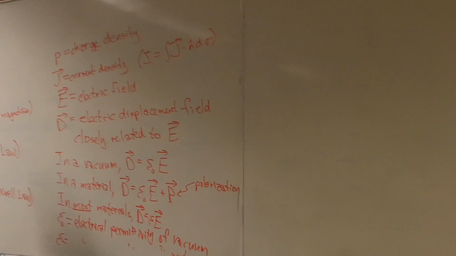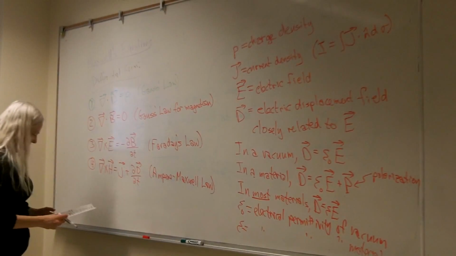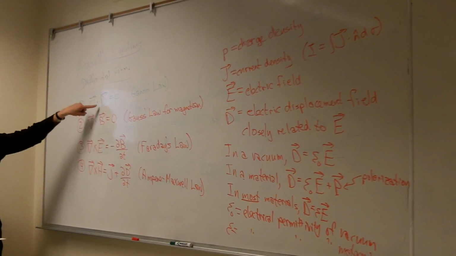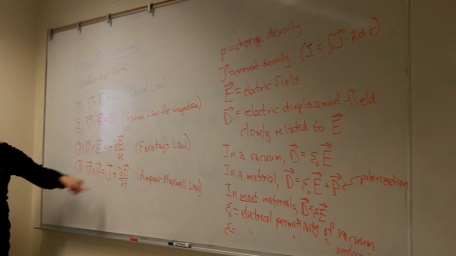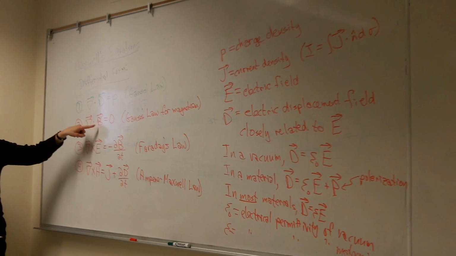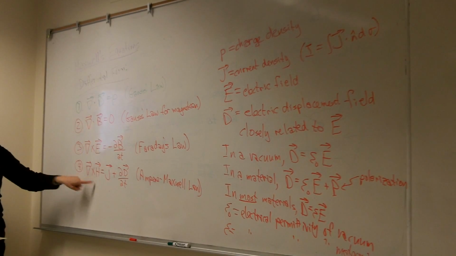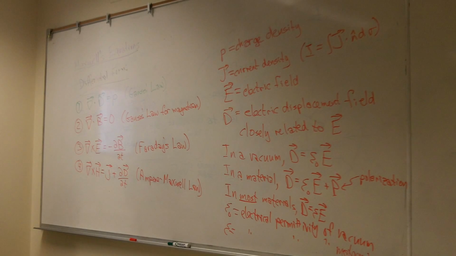And similarly, B and H are closely related. Okay? You see, there's a D here and a D here. There's an E there. You can also see B's here and here, and an H down here. Those are the only things I think I haven't defined yet at this point.